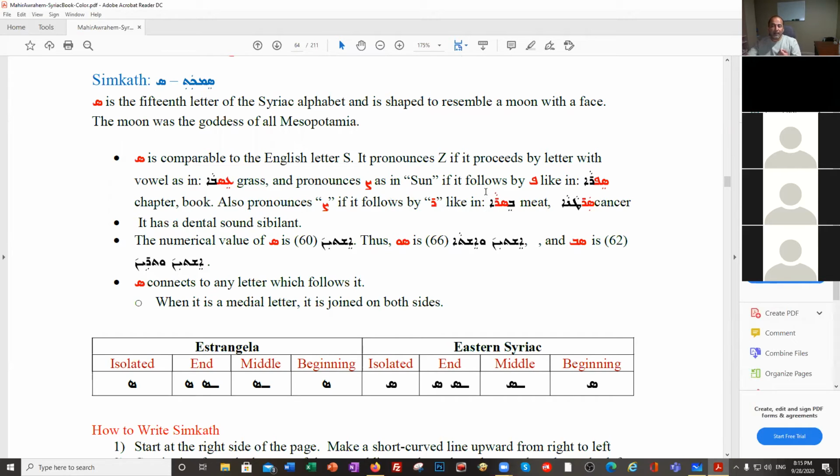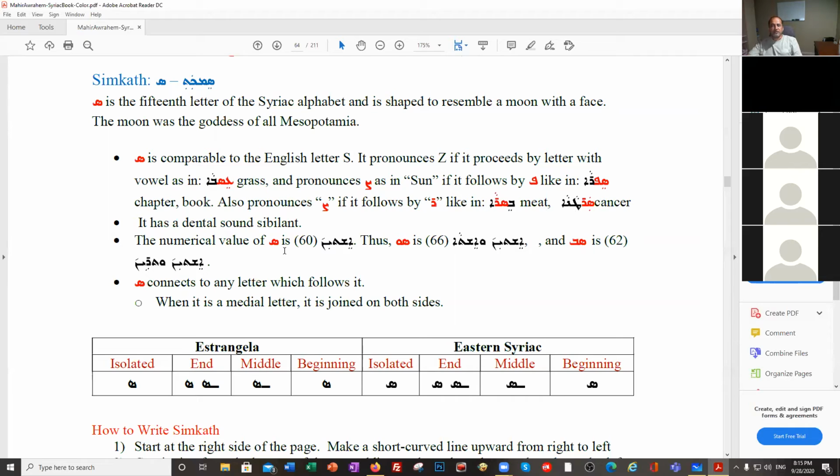Honestly, in the classical word it is bisra, but I'm teaching you the spoken language, so it's going to be busra. And also sartana, cancer. It should be sartana, but we say sartana.